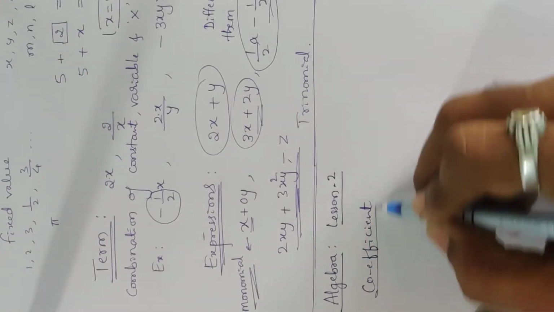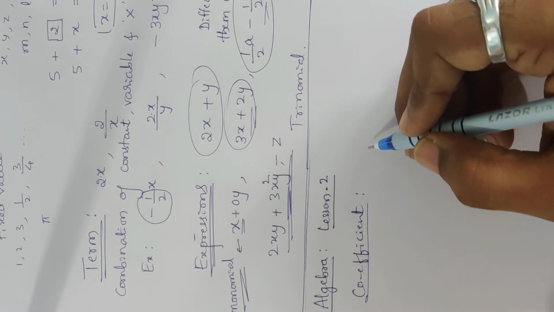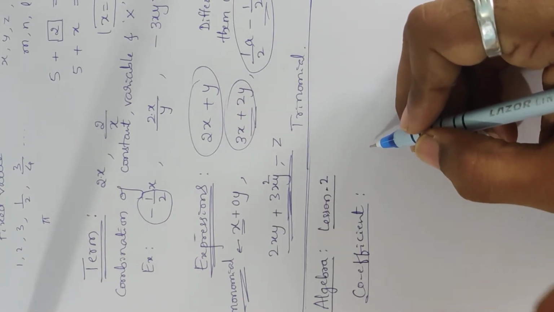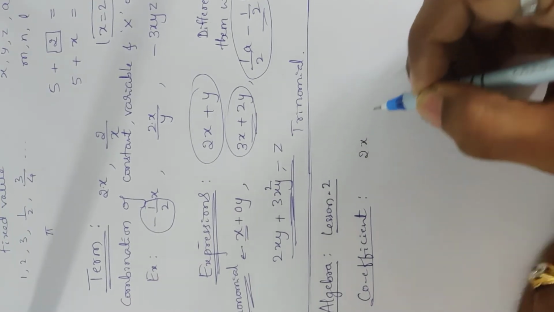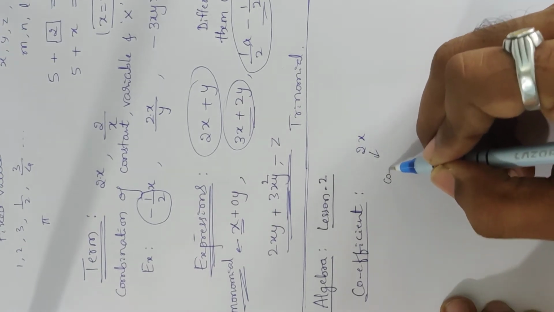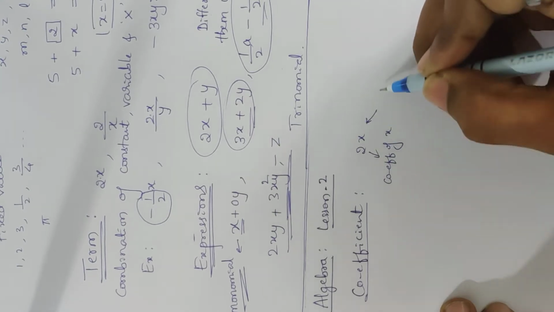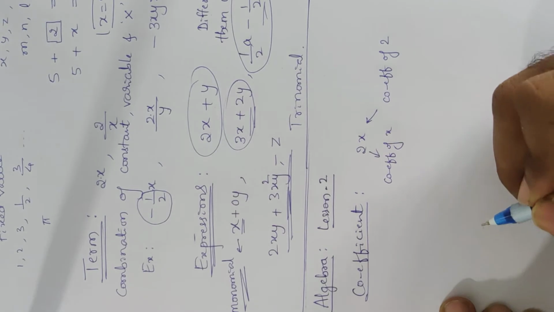Okay, so a coefficient is nothing but, in any term, you can say, the partner. For example, suppose I write 2x. Here 2 is called the coefficient of x, and x is called the coefficient of 2.